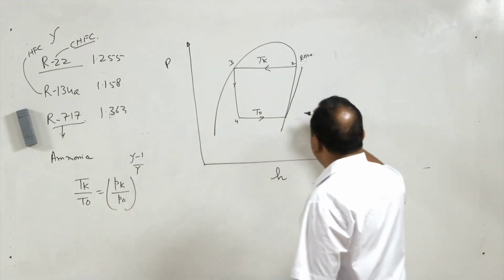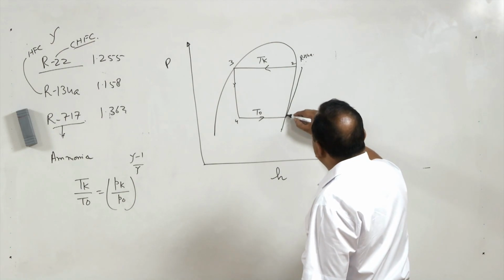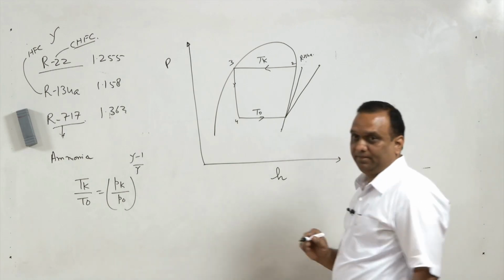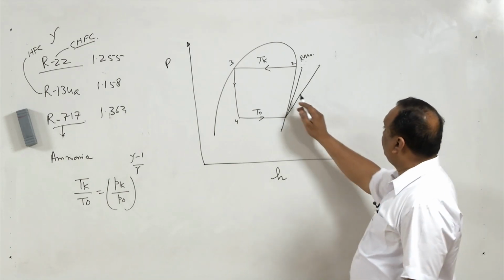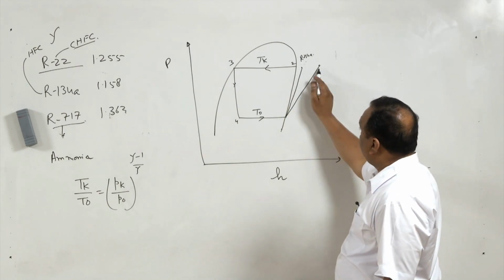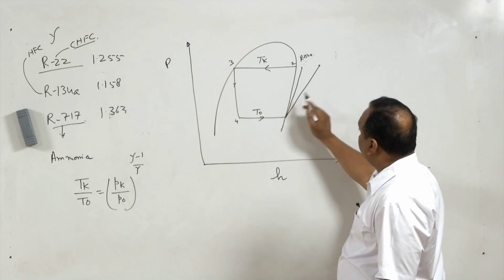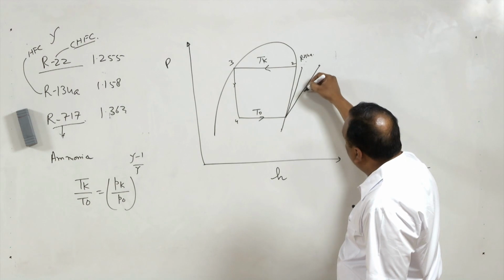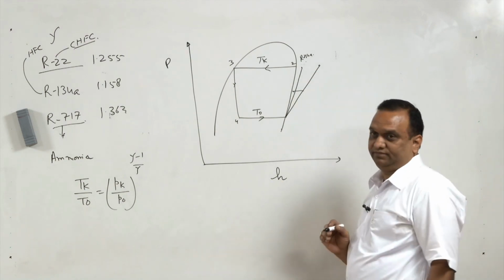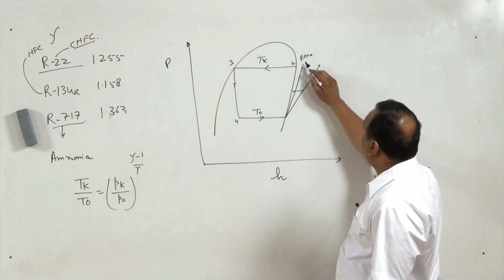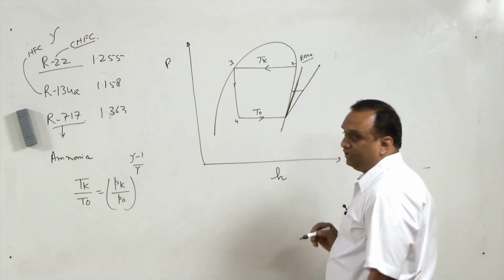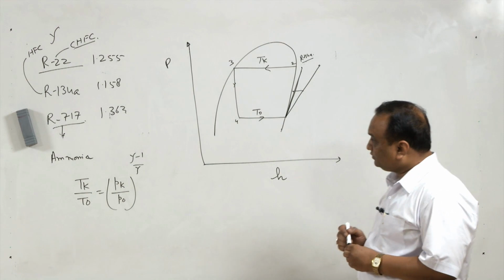It means when gamma is increased, this line will have less inclination and will end up somewhere here, because superheating is taking place in this region. So if we take the case of ammonia, intercooling will be very effective, in comparison to the case of R134A, where the compression line is very close to the saturation line.